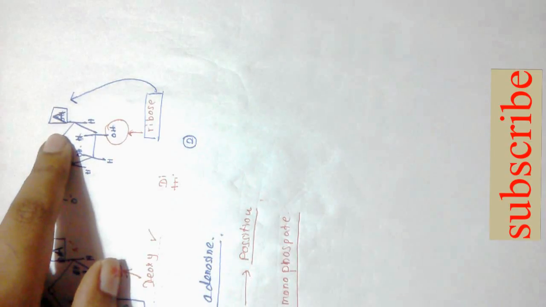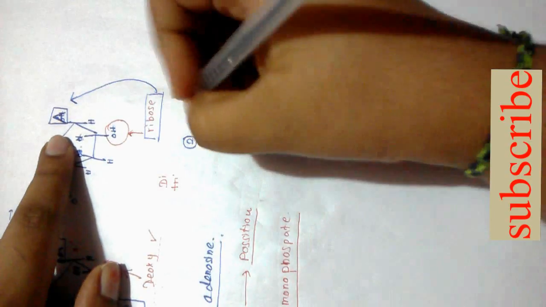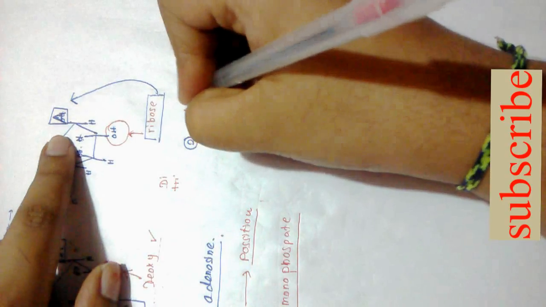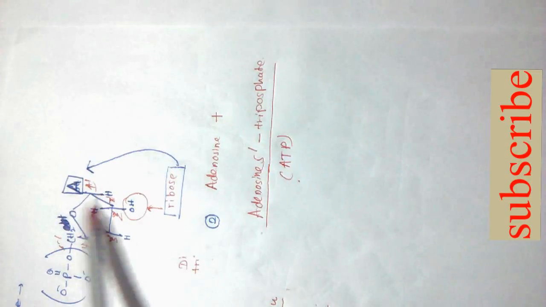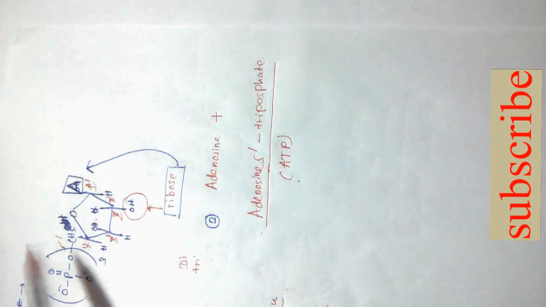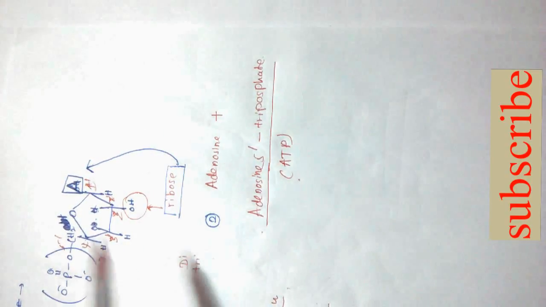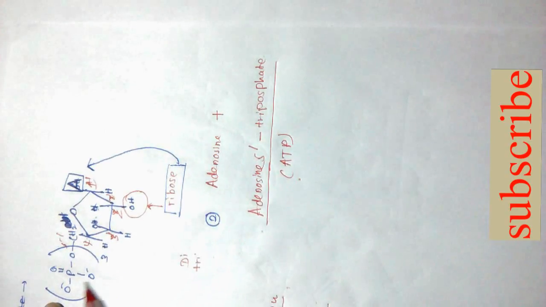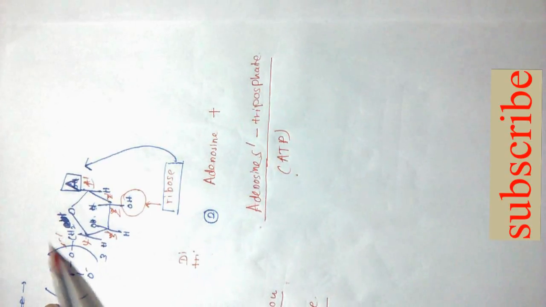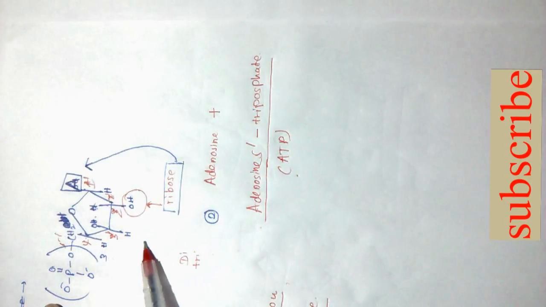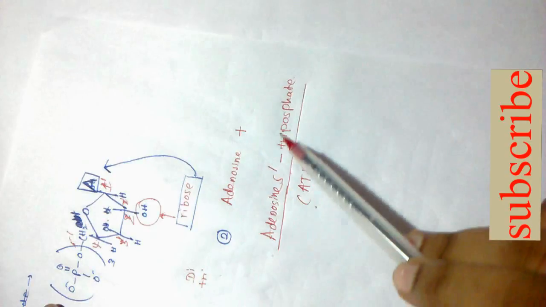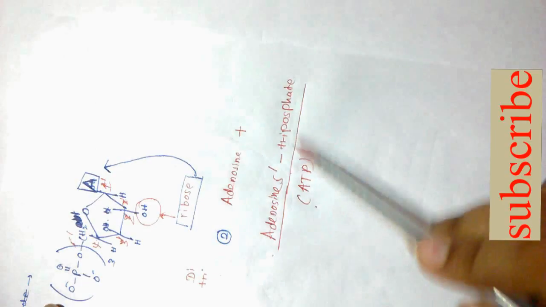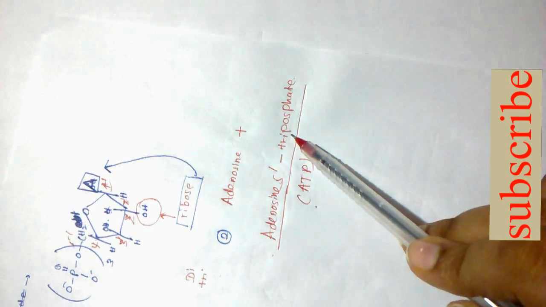So we can write adenosine plus here first, second, third, fourth and fifth carbon. In here you can see there are 3 phosphate groups attached to the fifth carbon, not the third carbon. Therefore, the name we call 5-triphosphate. It means 3 phosphate groups.